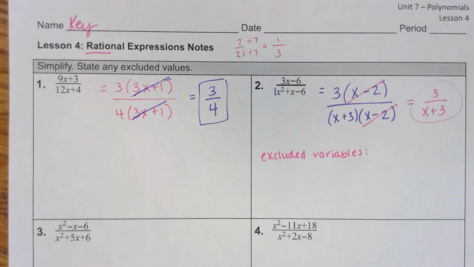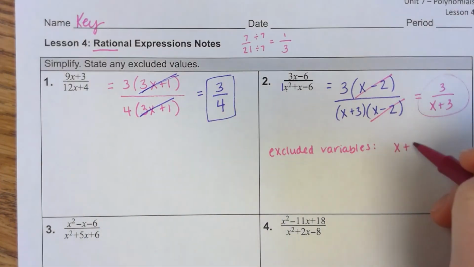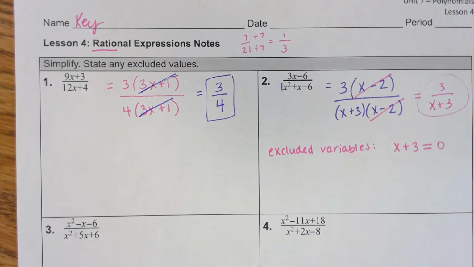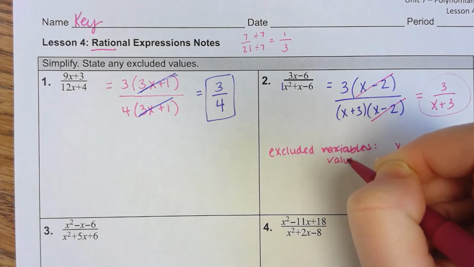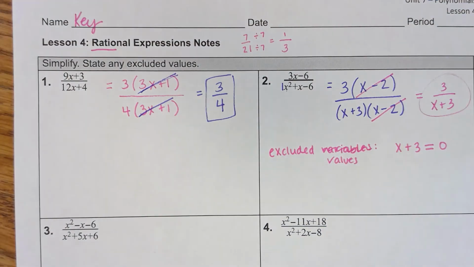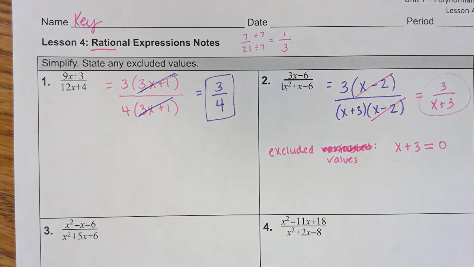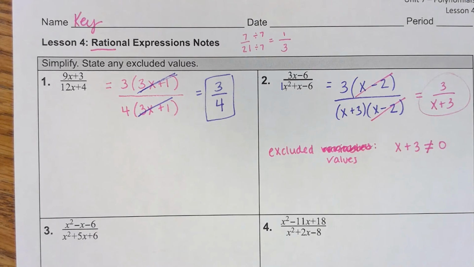I know that I can't divide by 0. So if, for some reason, x plus 3 were equal to 0, then I would be dividing by 0, which is not allowed. This should not say excluded variables, it should say excluded values. So I want to take x plus 3, and instead of actually setting it equal to 0, I want to say x plus 3 cannot equal 0.